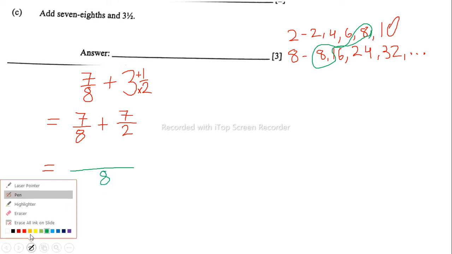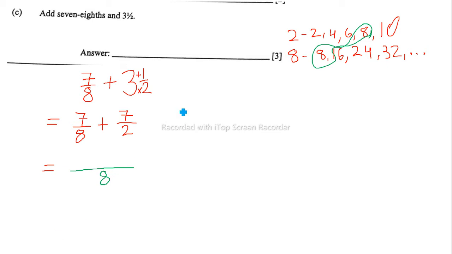8. And so we ask ourselves the question, what times 2 gives us 8? 4. Very good. And whatever we do to the bottom, we must do to the top. So what is 7 times 4? 28.